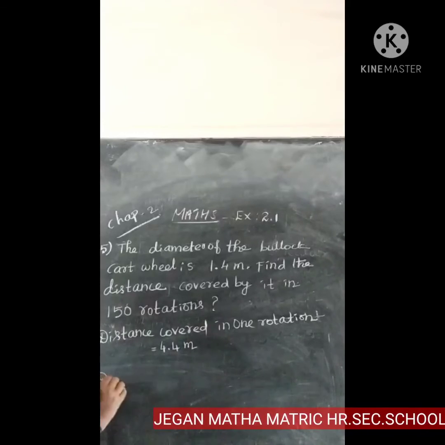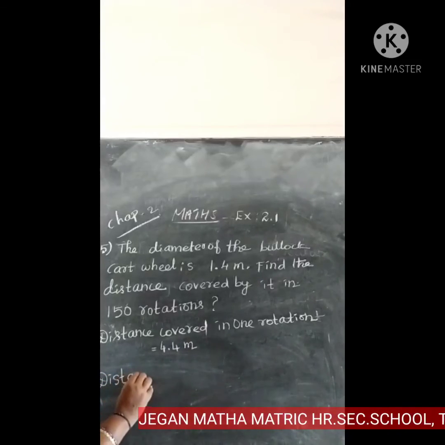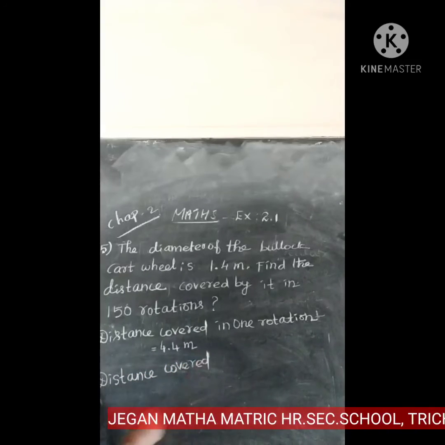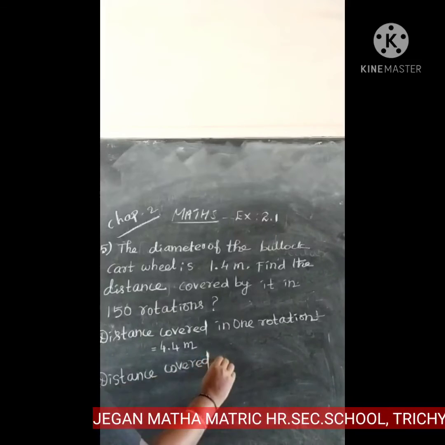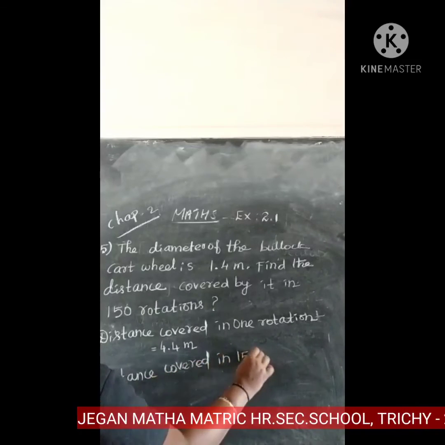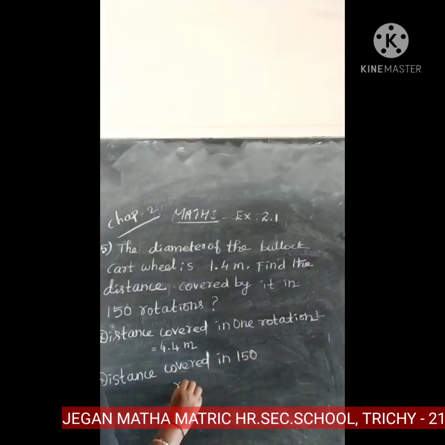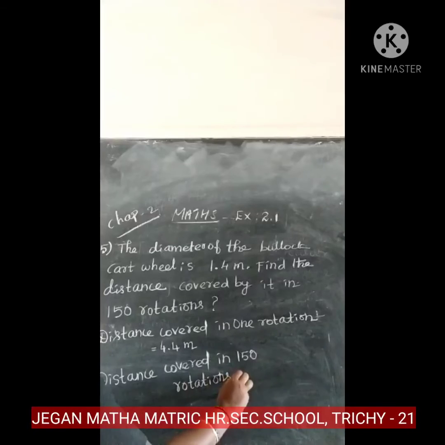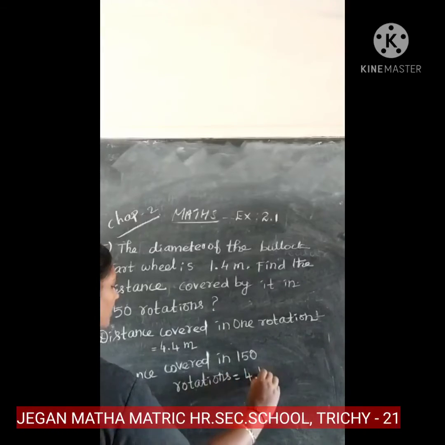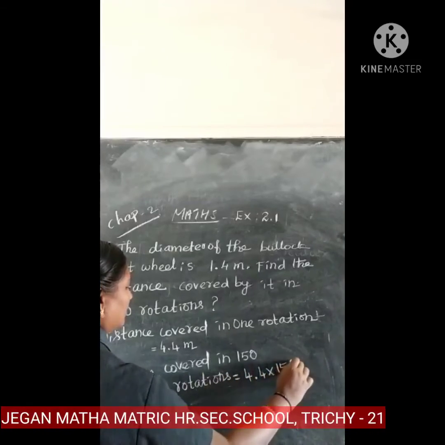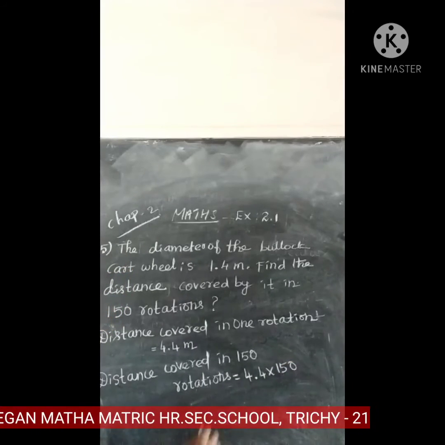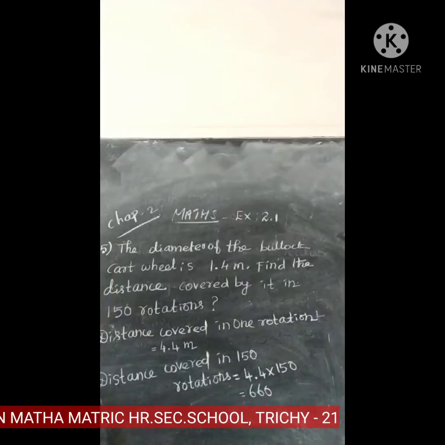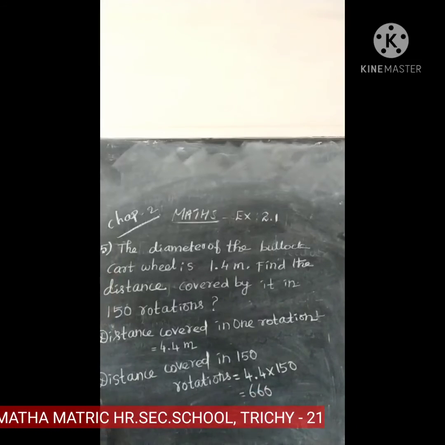So we find distance covered in 150 rotations is equal to 4.4 multiplied with 150. So we have 660. So 4.4 multiplied with 150 is equal to 660.